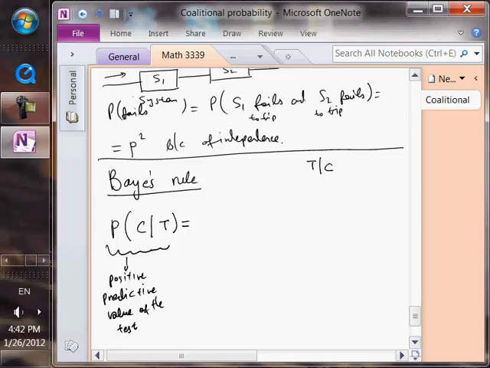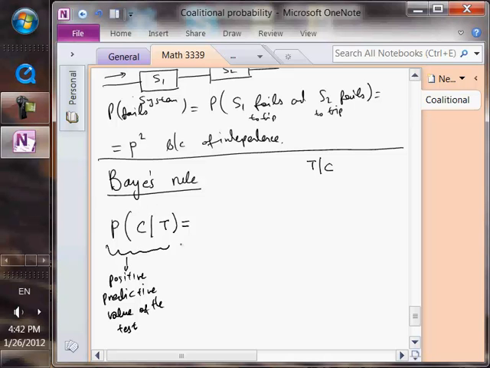And that's exactly what you're interested in diagnosing. That's the diagnostic value of the test. If the HIV test comes out positive, what is the probability that the individual has the condition? That's the puzzling question.